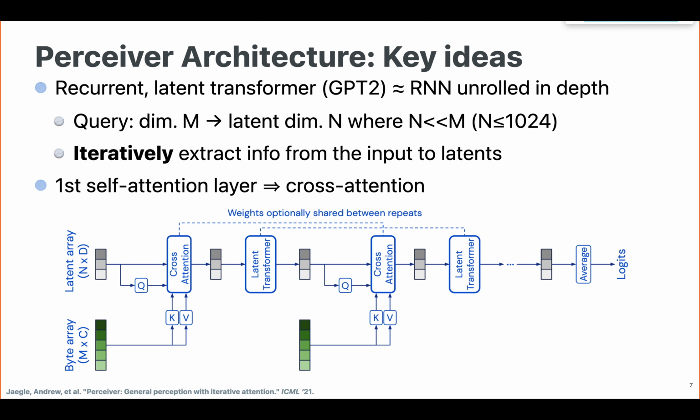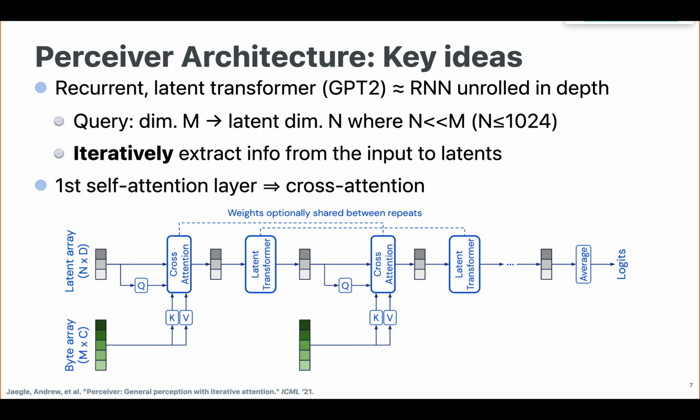It replaces the first layer of self-attention with a cross-attention, which allows the latent to cross-attend to the input. Then in the following operations, it iteratively refines, if you like, the latent representation. And we can have whatever number of layers we want.